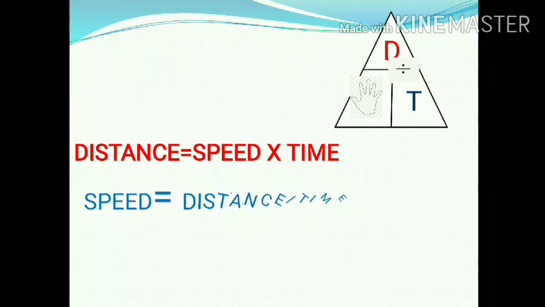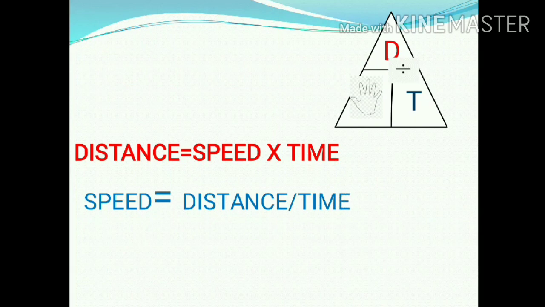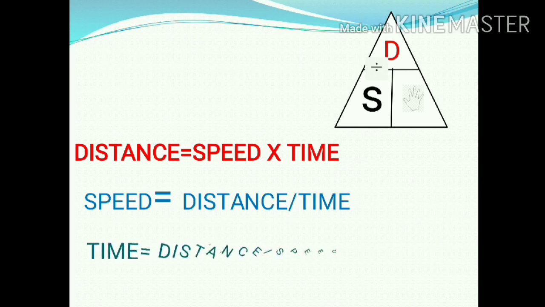Similarly, if you have to find the formula for T, that means time, then hide T and you will be left with D and S. There is a line in between, so that will denote division. So the formula for time will become distance divided by speed.